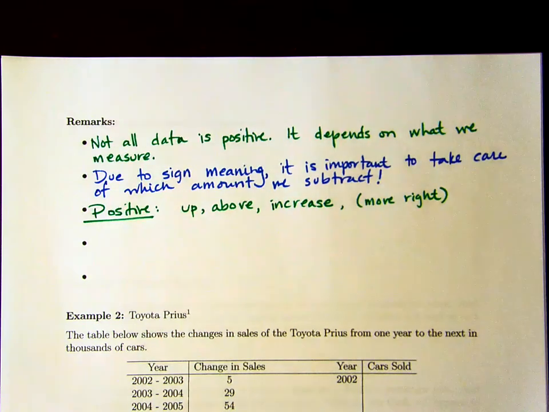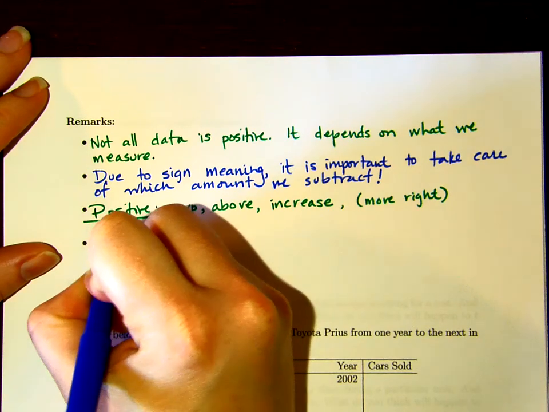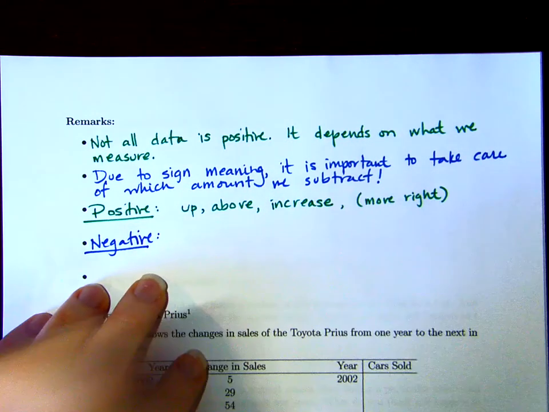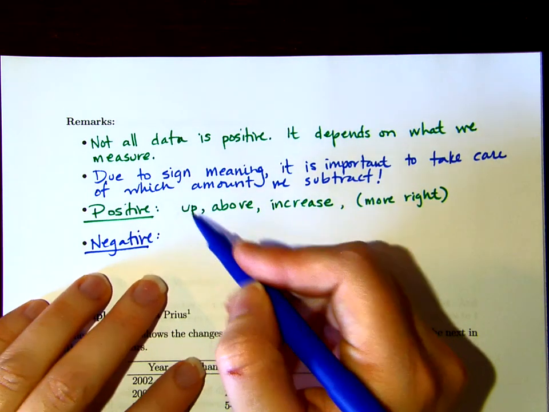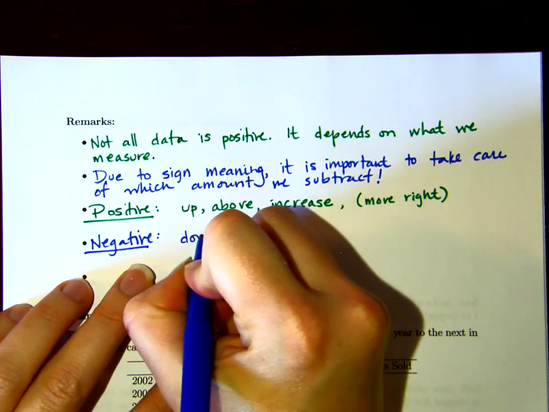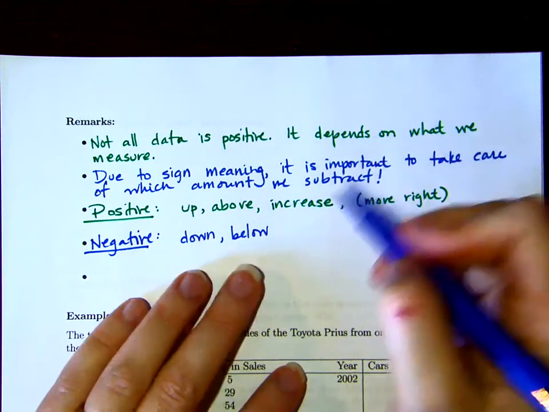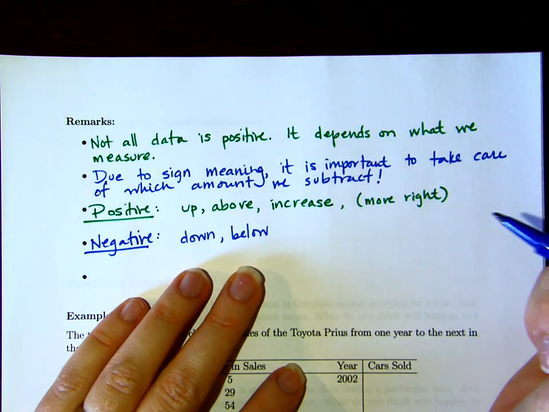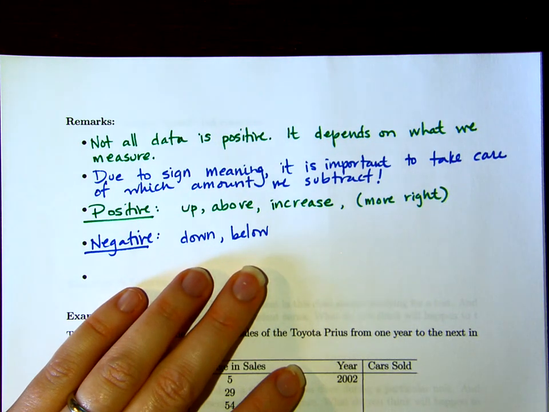And then let's write down a few meanings of negative. Okay, so a couple of interpretations of a negative sign. The opposite of these. So, down, below, surplus, debt. Okay, no, not gross.